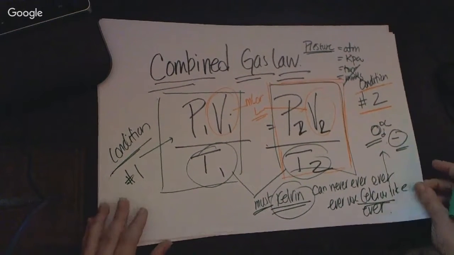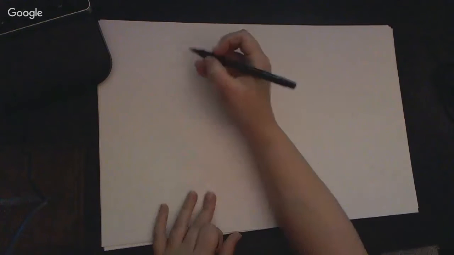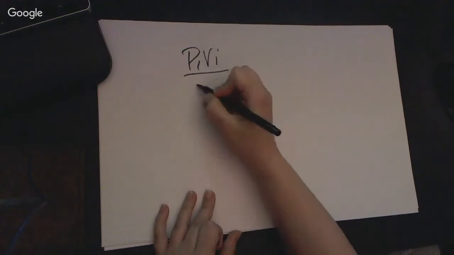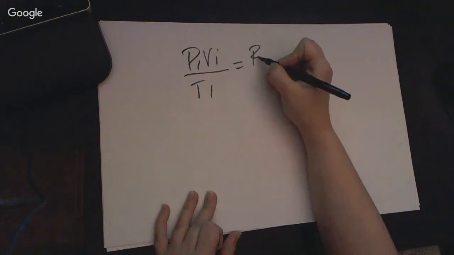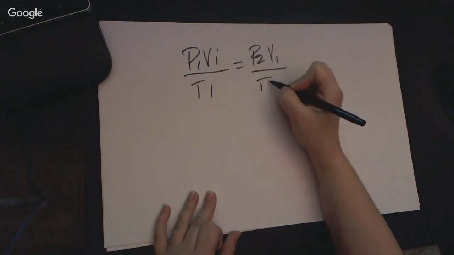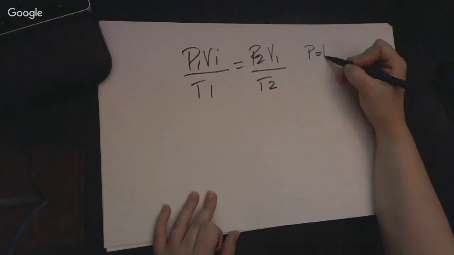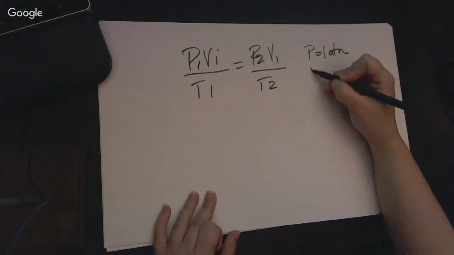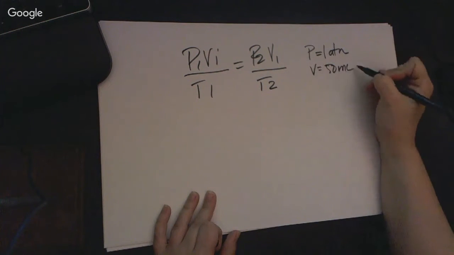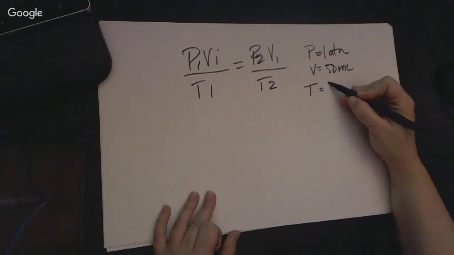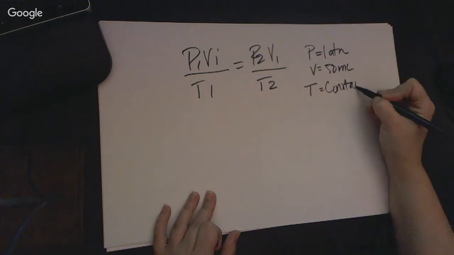The really cool thing about the combined gas law is if they give you math problems, they can say things to you like, okay, you're going to use this formula, and the idea is that you are going to have an initial set of conditions: the pressure is 1 atmosphere, the volume is 50 milliliters, and the temperature is being held constant.